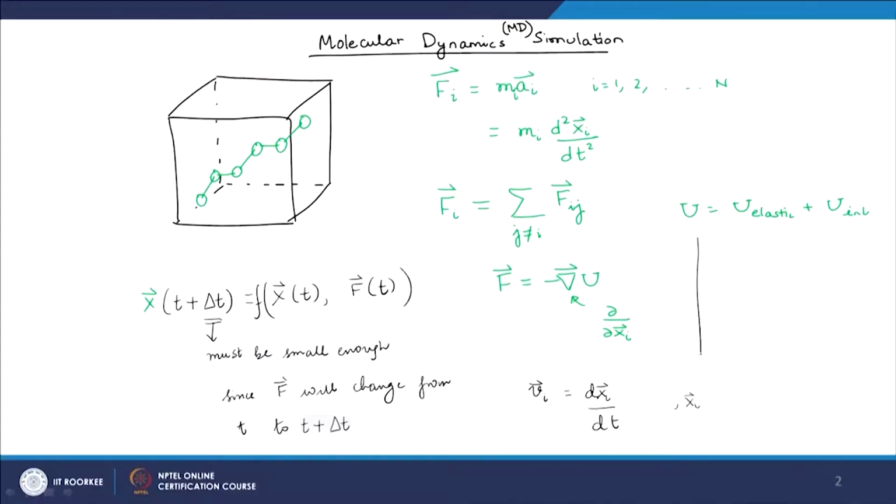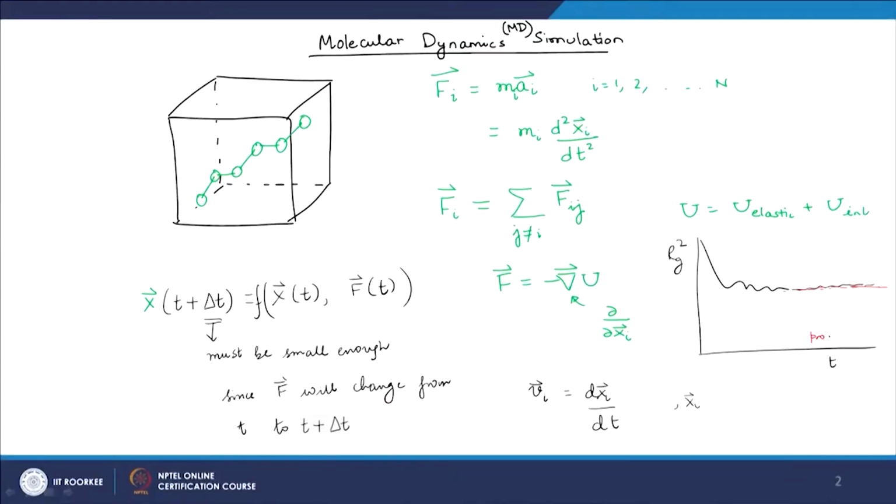That is to say that if I again simulate a polymer chain, again we will have some equilibrium phase followed by a production phase for Rg square, and again eventually these will start fluctuating around an average value, and this is what we report as Rg square.